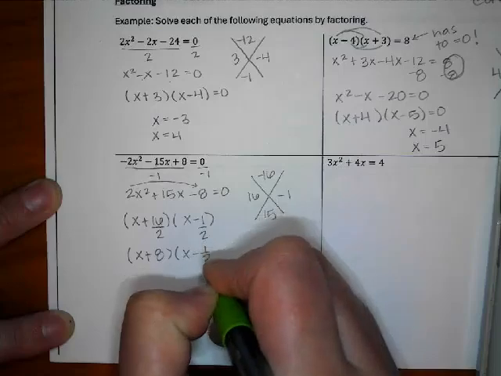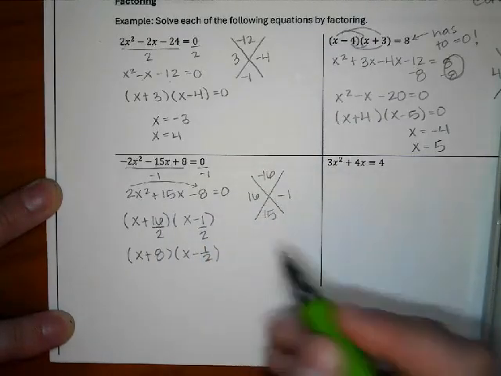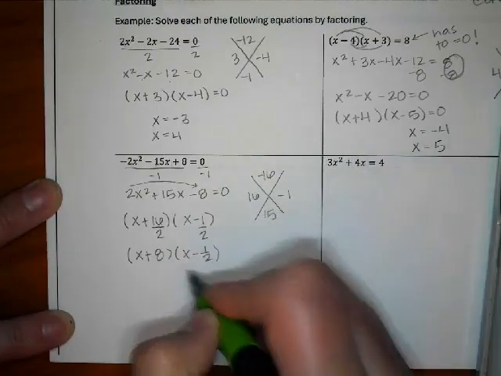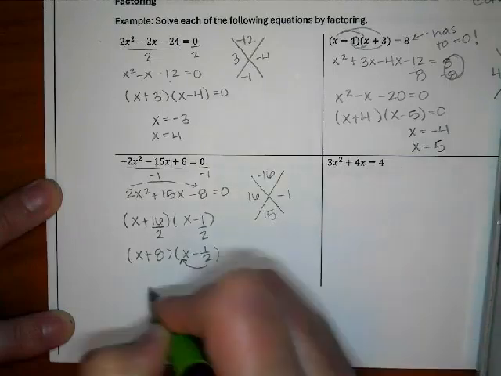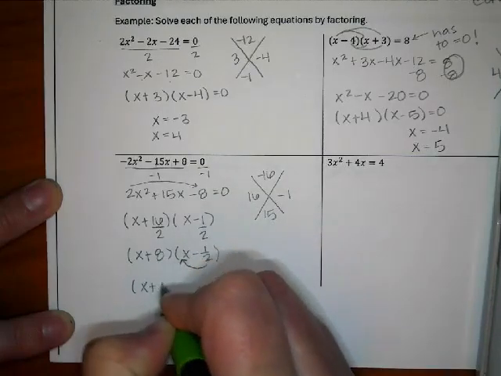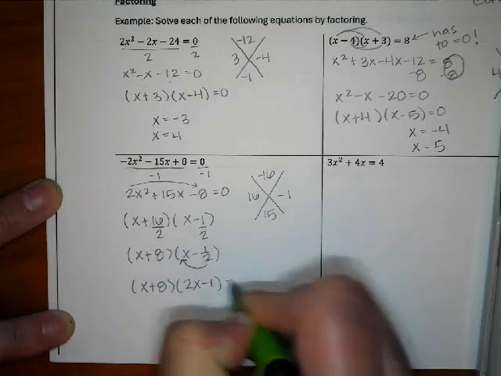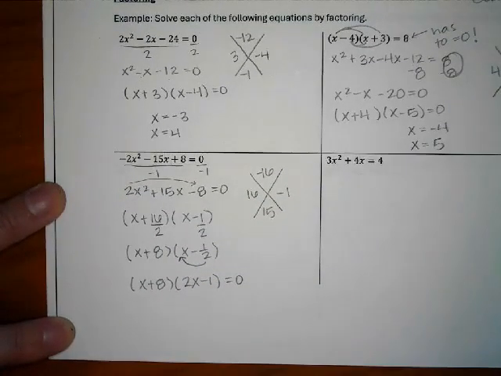Okay? And then the last step is you do bottoms up. If they had fractions, you would take the denominator of the fraction and move it up to the front. So x plus 8, 2x minus 1. That is the factored form. And now we can say what the answers are.